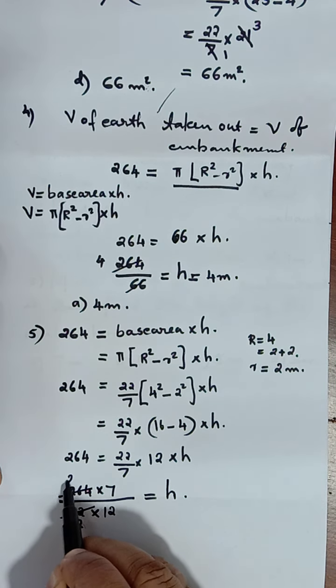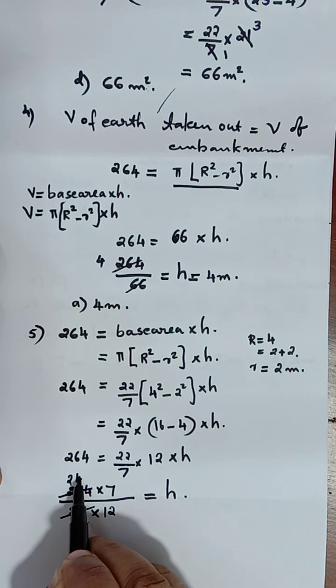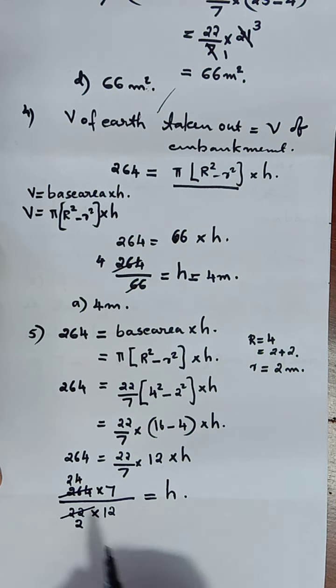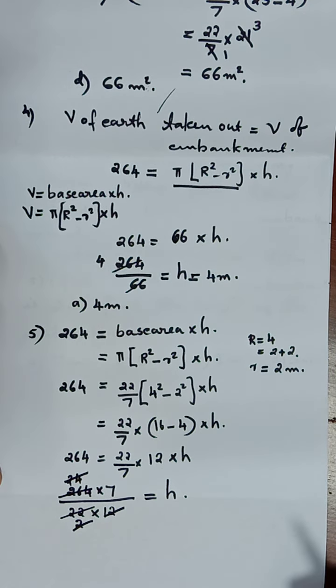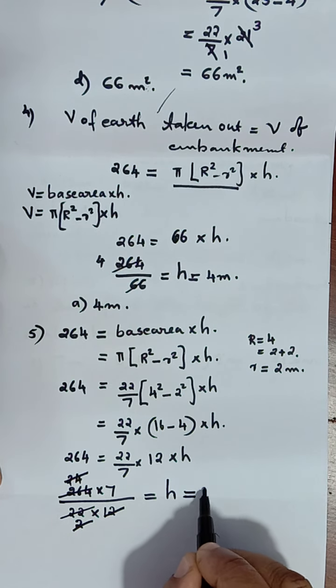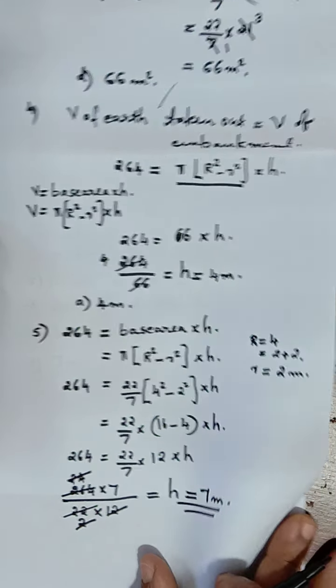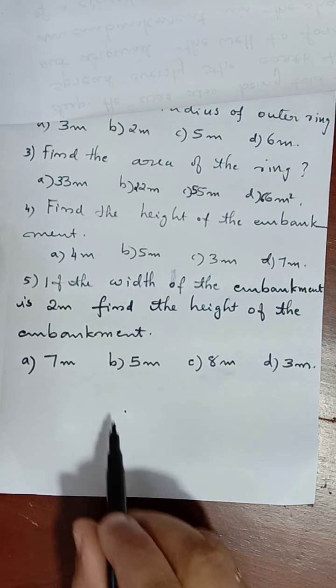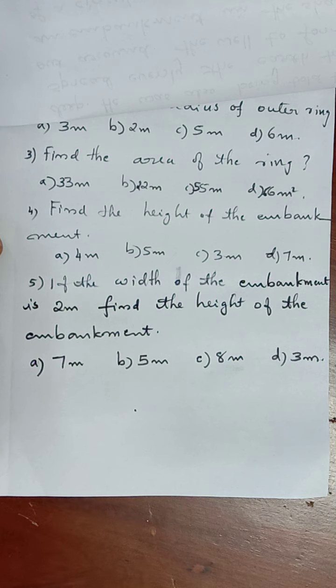Here 11 2 times again. Remainder 44. 11 4. Okay. Now you can see 2 into 12 is 24. Here also we have 24. So 24 and 24 getting cancelled. H is equal to 7 meter. Which is your option? Fifth question. Option B is correct. Option B, 7 meter.